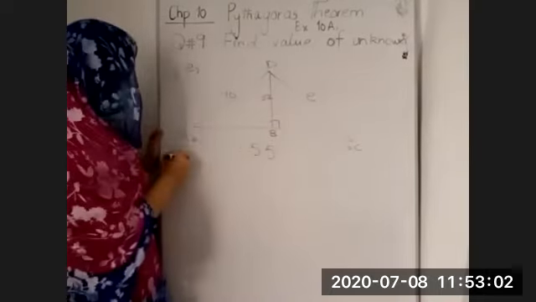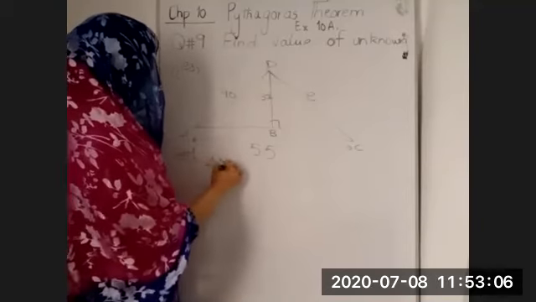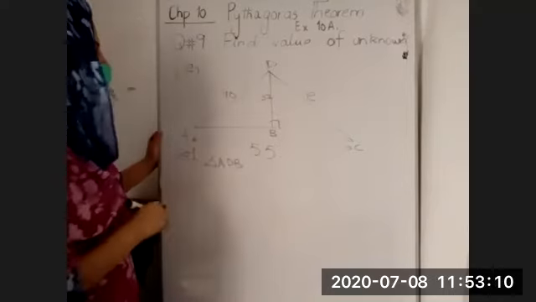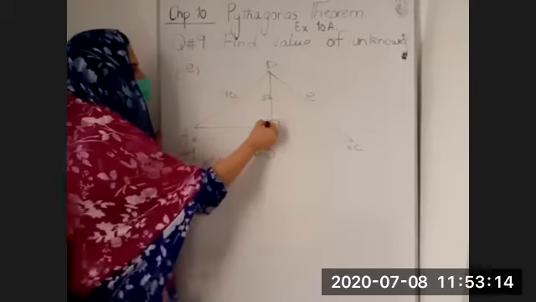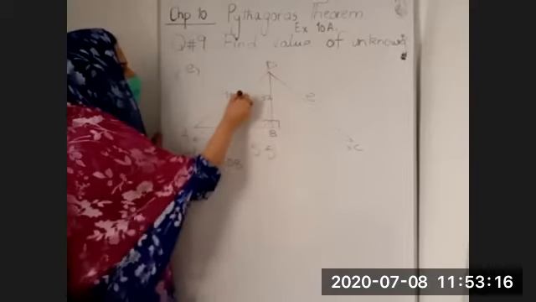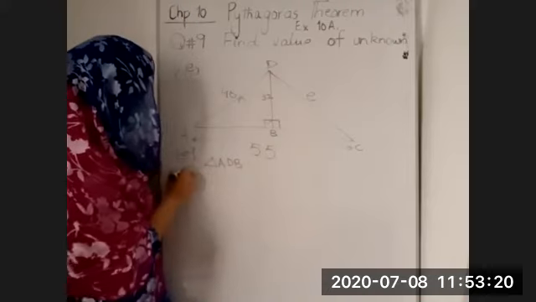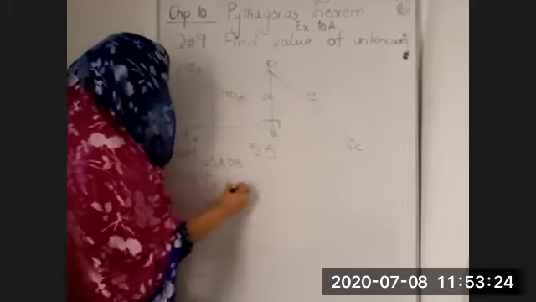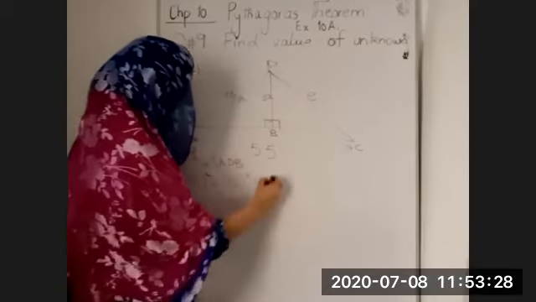So in the solution, I will take the triangle ADB. Triangle हम लेंगे ADB. By taking the triangle ADB, this will be your 90 degree, and opposite to 90 degree, this is your hypotenuse. So hypotenuse square is equal to perpendicular square, which is your 32, plus base square, which is AB.